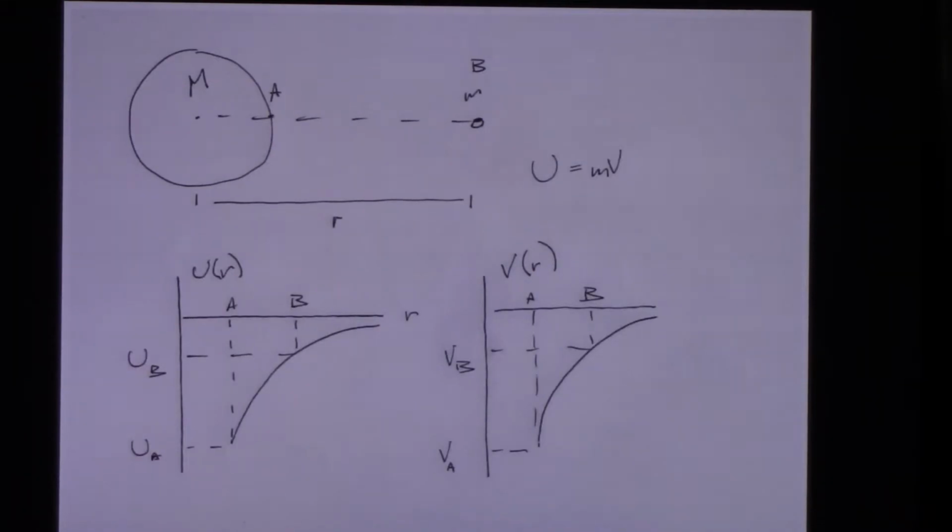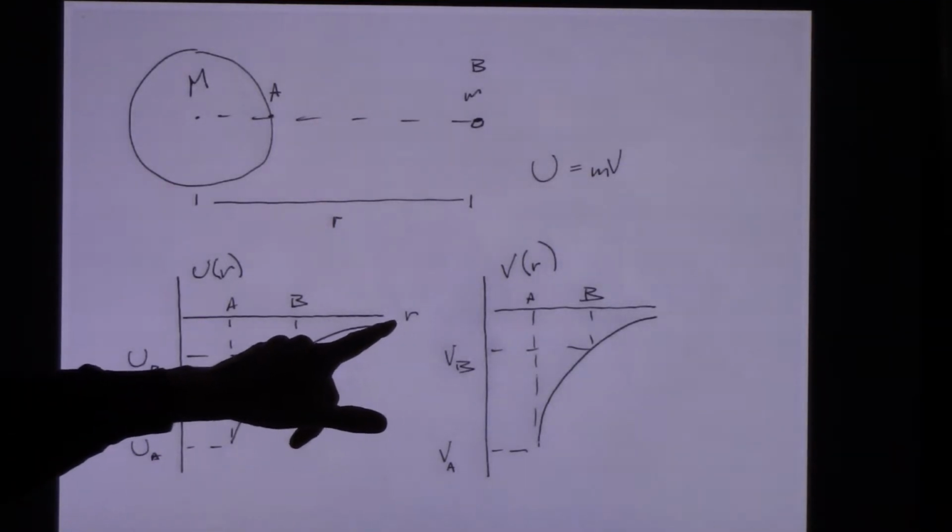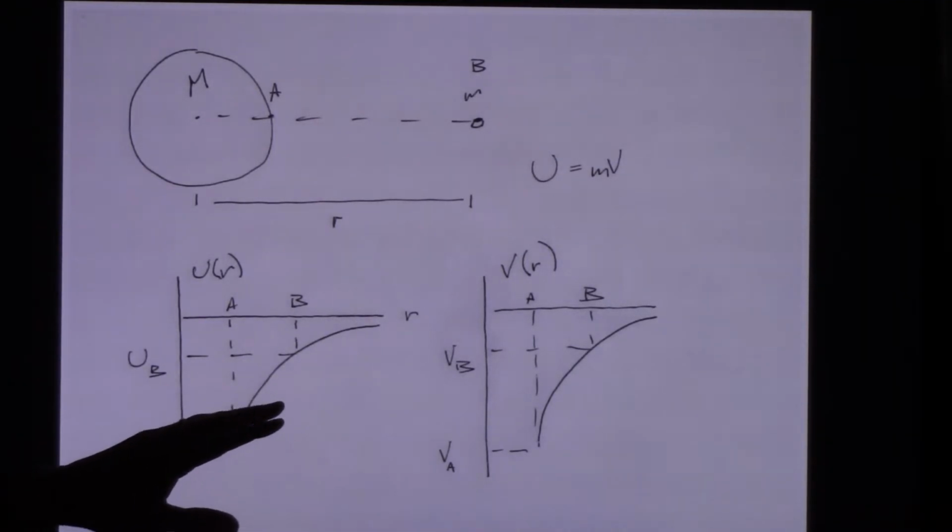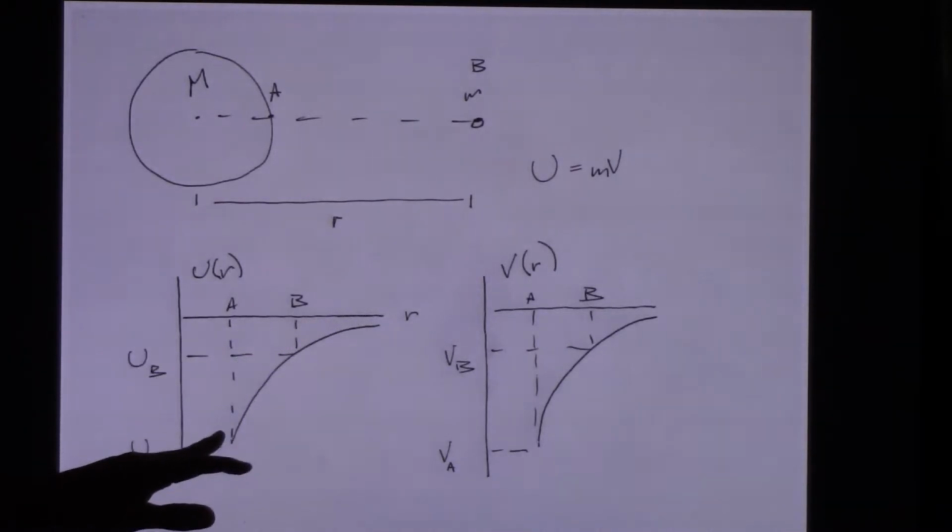Let's, not one more slide. So, getting used to this negative stuff, the way this works in terms of graphing is that I have plotted the potential energy function, which is 1 over r.